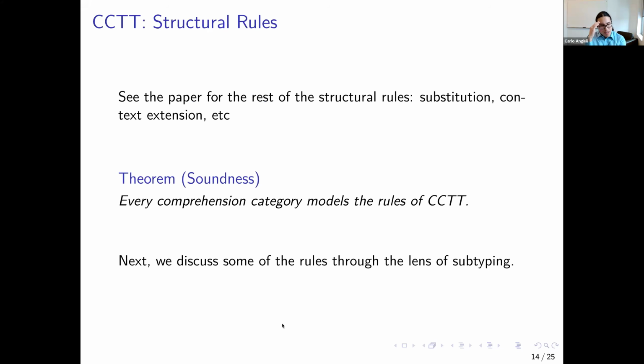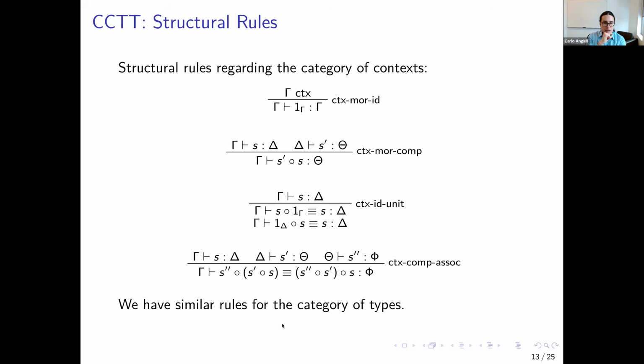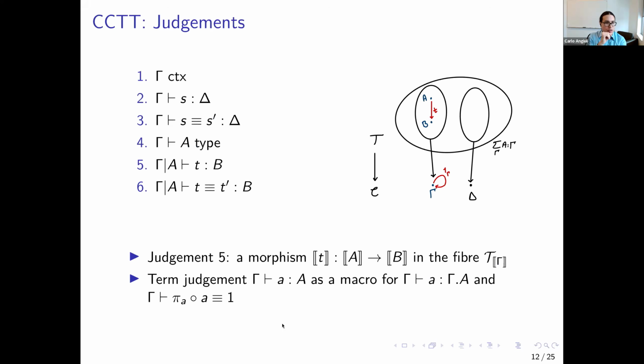Could you say, I guess maybe it's not quite obvious enough to me, what judgments are those? The rules for the category of types? What do those look like, or which judgments are they expressed in terms of? Well, we are using these judgments 4, 5, and 6. Oh, I see.